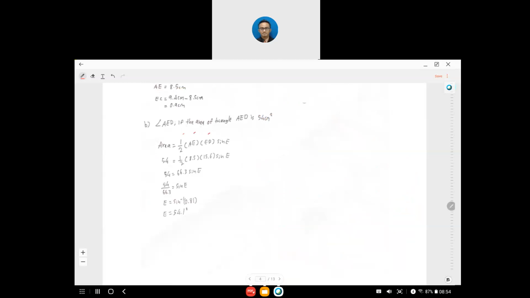Okay, and then the angle you want to find. 54 equals 1/2 times 8.5 times 15.6 times sine E. And then when you calculate, you can get sine E equal to... this calculation is wrong.